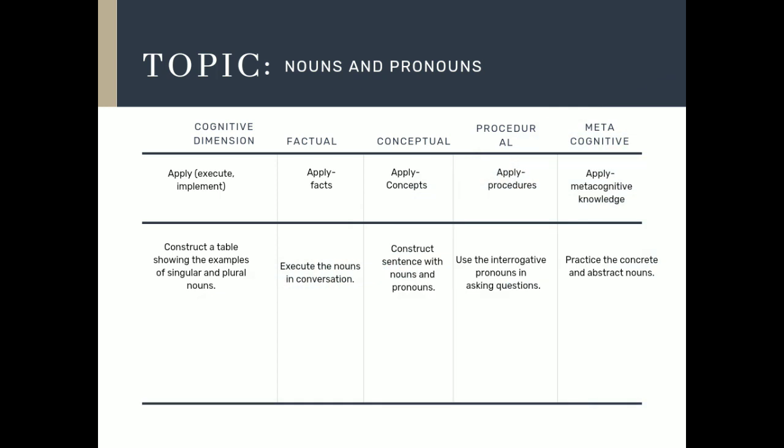For the third level of the cognitive domain, which is apply, it means execute or implement. I wrote: student will be able to construct a table showing examples of singular and plural nouns. For the second column, I wrote: execute the nouns in conversation.